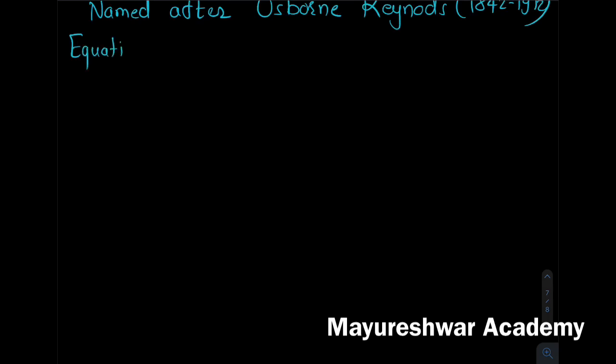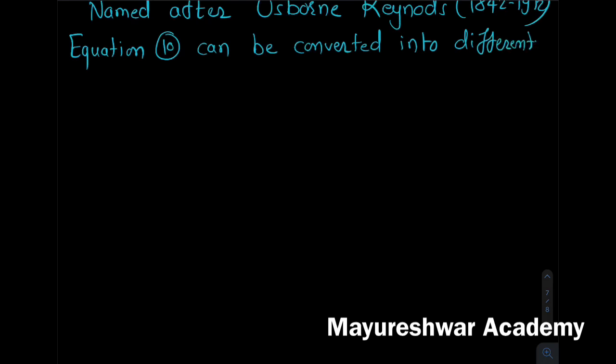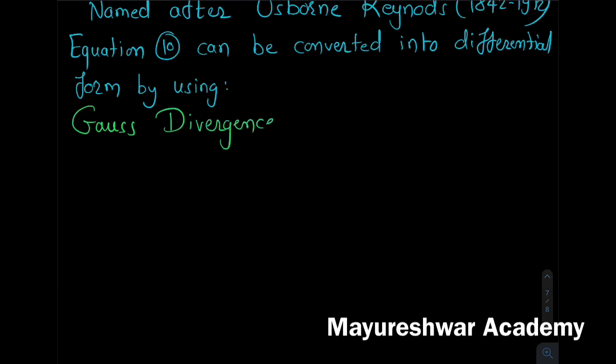This equation can also be converted into differential form using some identity from calculus, which is known as the Gauss divergence theorem.